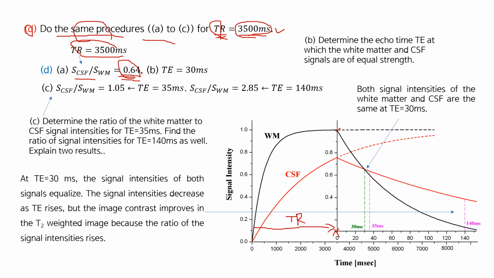So it's the white matter intensity and CSF intensity. The longitudinal magnetization for white matter is larger than that of CSF at TR equal 3,500 milliseconds here.